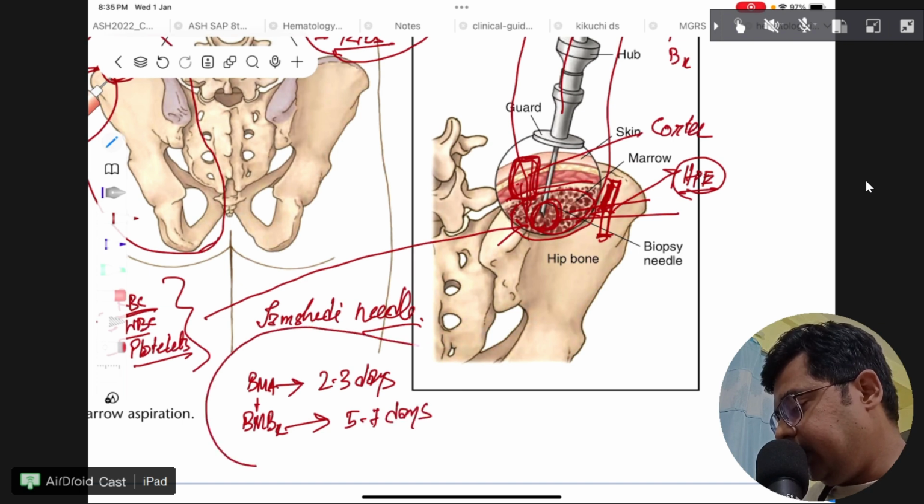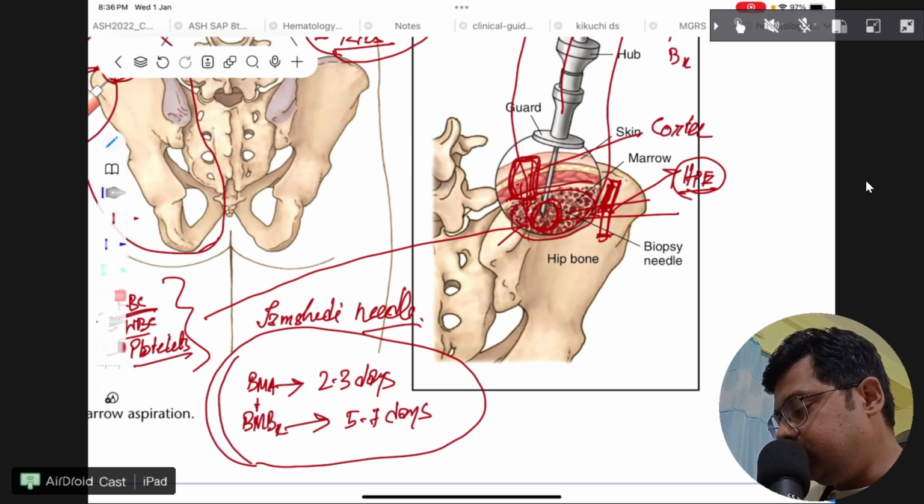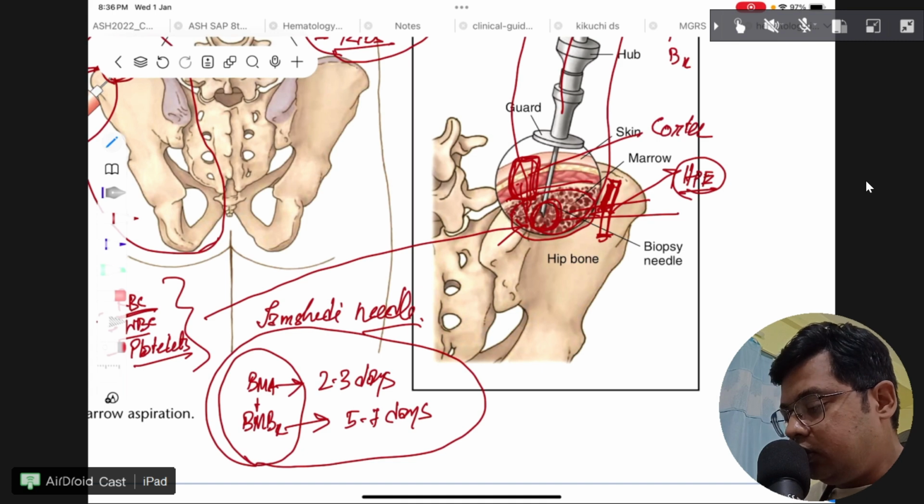So to get the maximum information from a bone marrow examination, you need to have both these reports. The bone marrow examination, comprising bone marrow aspiration and biopsy, takes on average 20 to 30 minutes.